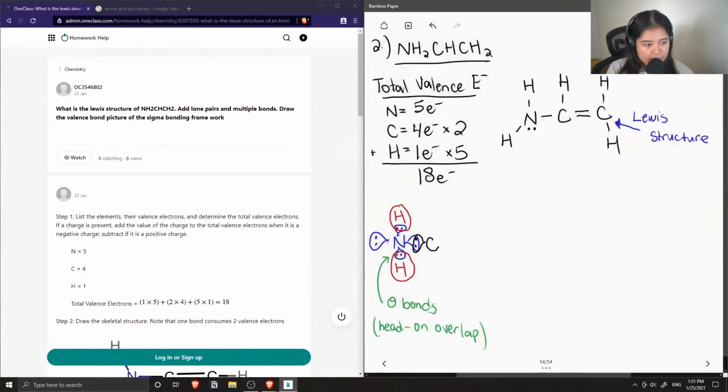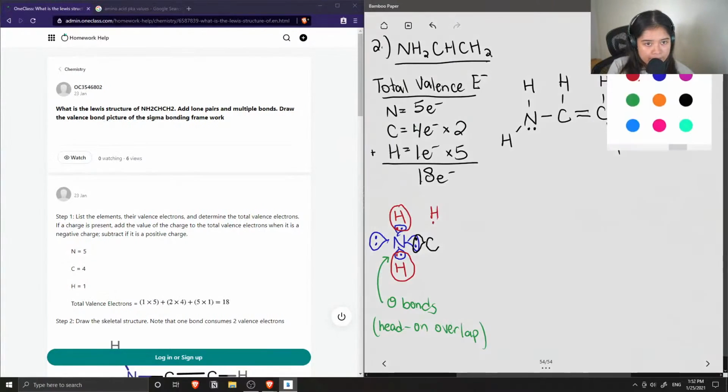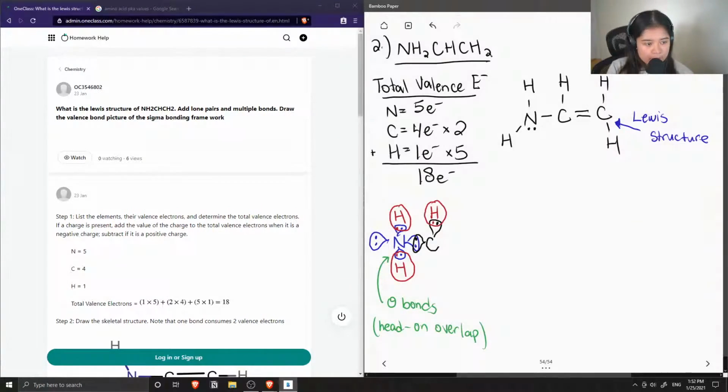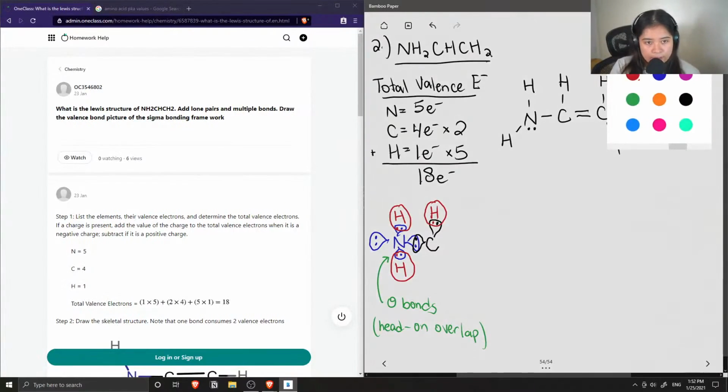I can also show my hydrogen up here, and there's another sigma bond between the carbon and the hydrogen. And we have another carbon beside it.